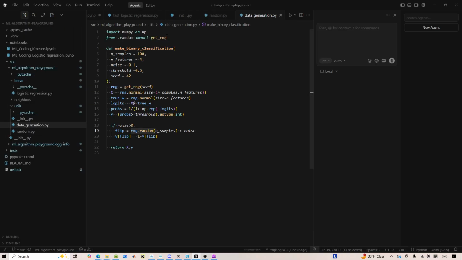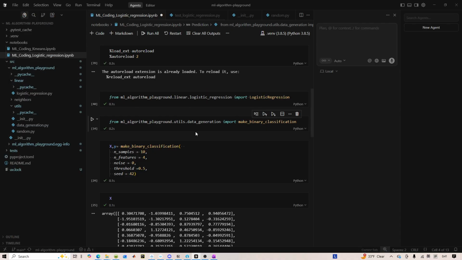Here we use that random generator to make certain x, and we are able to get certain weights, and we calculate the logits based on the equation, assuming the bias is 0, and we calculate the sigmoid probability and get some y. Imagine if noise is 0, then your y is exactly the y. This is a function that I use to generate some test data.